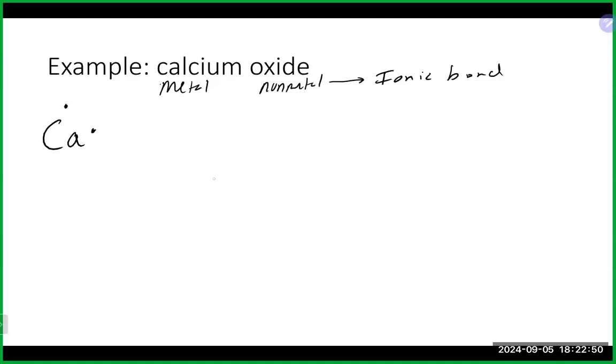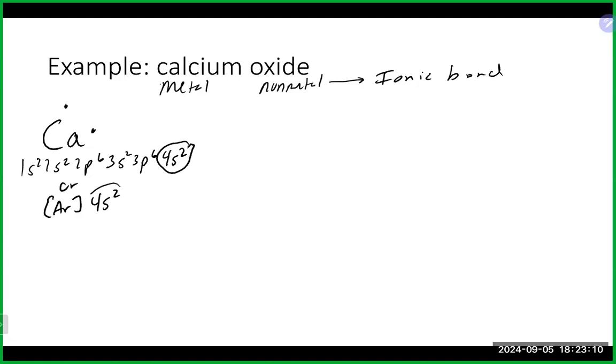It also will have an electron configuration of 1s2, 2s2, 2p6, 3s2, 3p6, 4s2, or argon 4s2, if you prefer to do it that way. These right here would obviously be our 2 valence electrons that we are talking about.